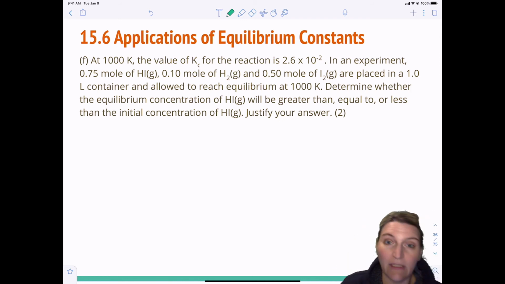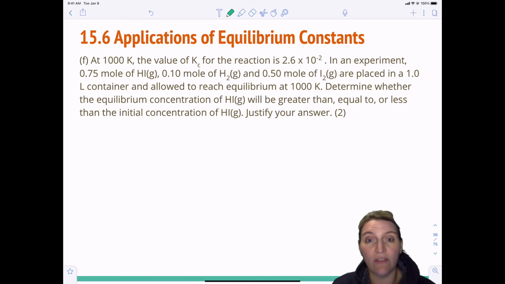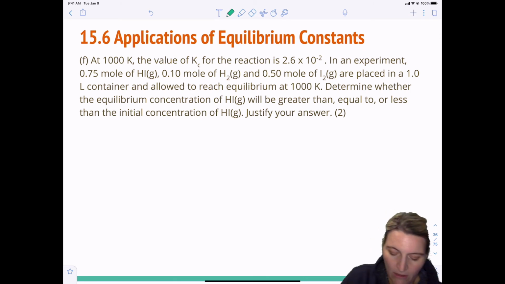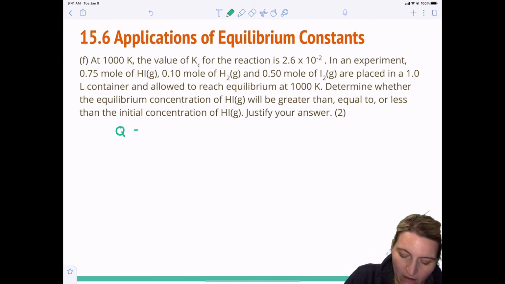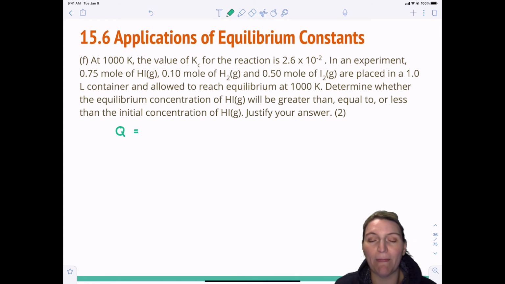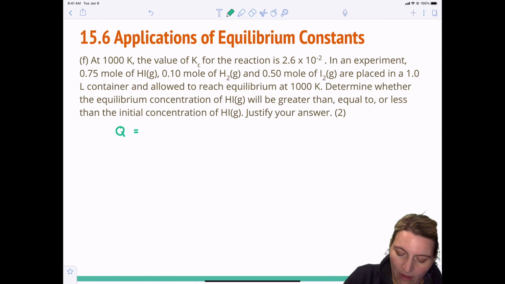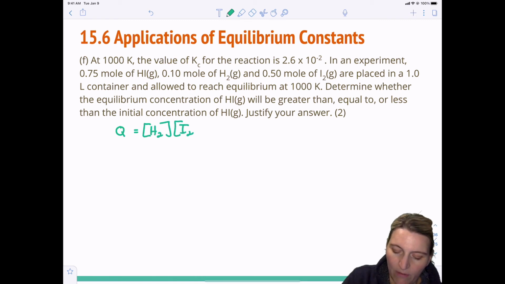So this is a scenario where we're given concentrations that are not at equilibrium. So we're going to find Q, and then compare Q versus K. It's the same thing as the equilibrium constant, just the numbers are not at equilibrium.